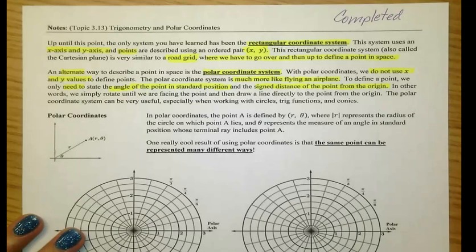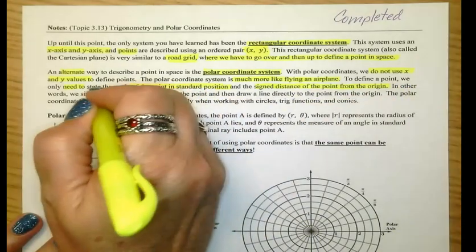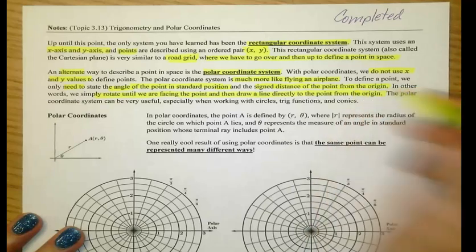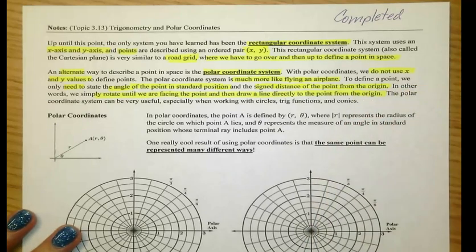So it's not that the radius itself is negative, it's that we have a radius and then we can apply a direction down that radius. So in other words, we simply rotate until we're facing the point, and then we draw a line directly to that point from the origin. And so that's kind of a little different than what we've been doing because we don't have to have any set x and y to get us there.